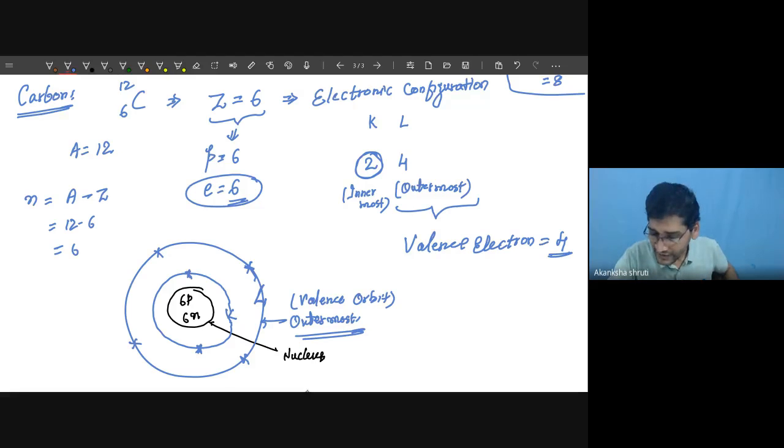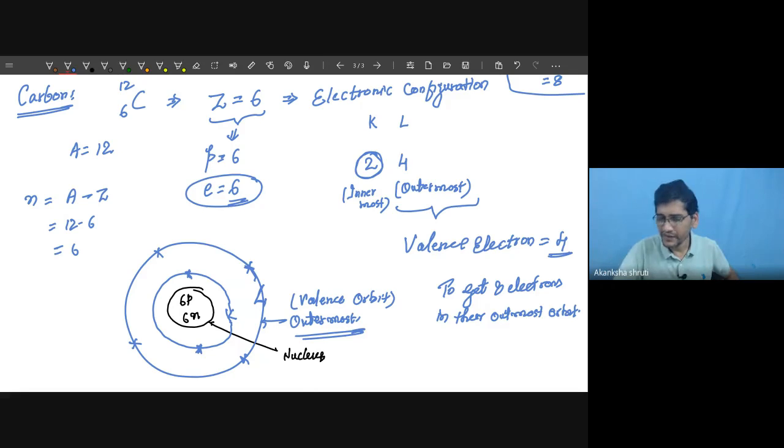To get 8 electrons in their outermost orbit, they already have 4 electrons, so they need 4 more electrons. So the valency, or the combining capacity, is 4.